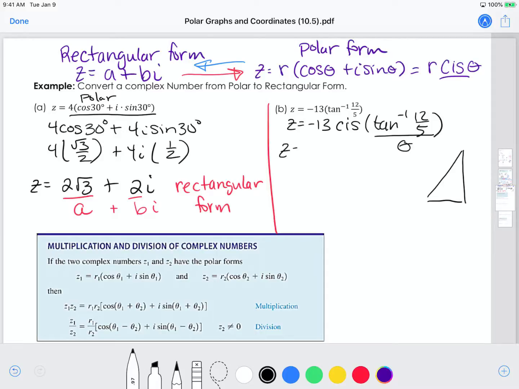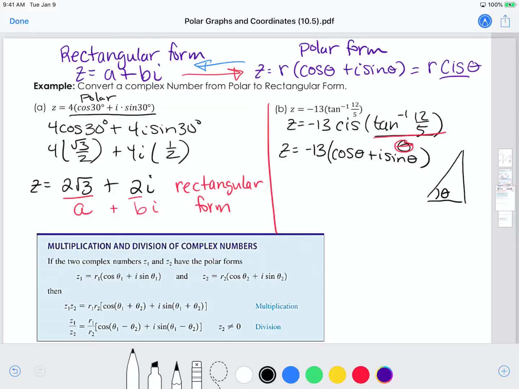Because negative 13 cis with that angle, it would be written like this. This is our angle. This represents theta. So I would have negative 13 cosine of that angle plus i sine of that angle.